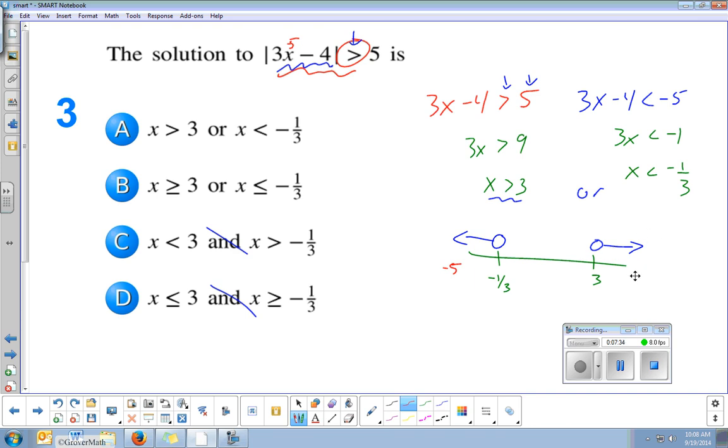Like if we plug in a 4, 3 times 4 is 12, minus 4 is 8, 8 is greater than 5, so that works over here. So the numbers over here work, and the numbers over here work, but we're saying there's only one solution to x at a time. That's why we use an or statement, because you would say, what is x? Well, it could be a number over here, or it could be a number over here. So it's an or statement.